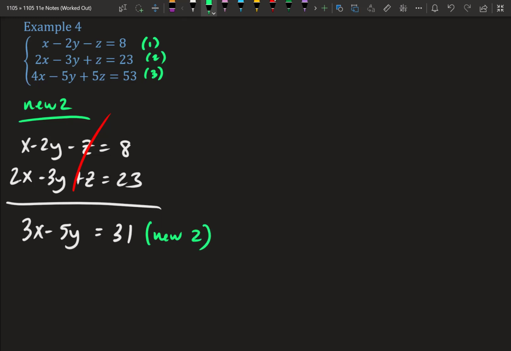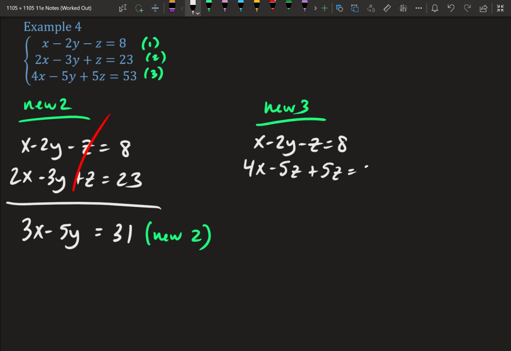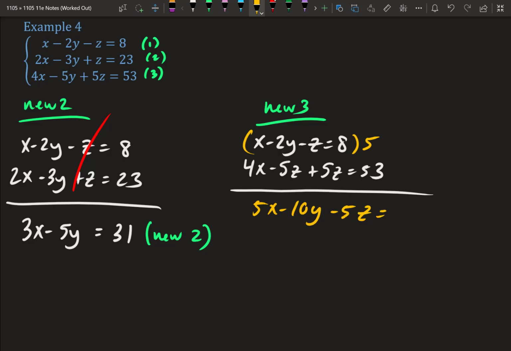All right, now we need to find new 3. So to find new 3, we take equation 1 and equation 3. In new 2, we got rid of z, so we need to get rid of z. They're already opposite signs, we just need to have them be the same number. So I'm going to multiply by 5. So we have 5x minus 10y minus 5z equals 40.